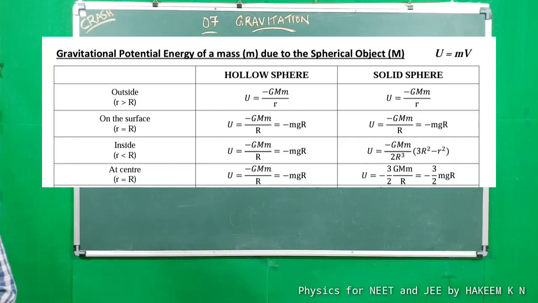But for solid sphere you have to use for potential the equation GM by 2R cube into 3R square minus small r square, and at the center of solid sphere minus 3 by 2 mgR or minus 3 by 2 GMm by capital R. For GMm by capital R we can use small m g capital R.